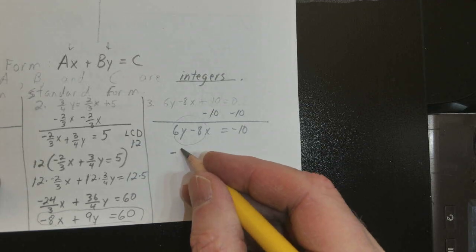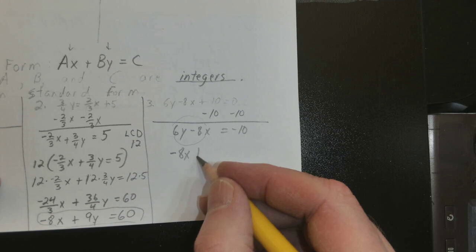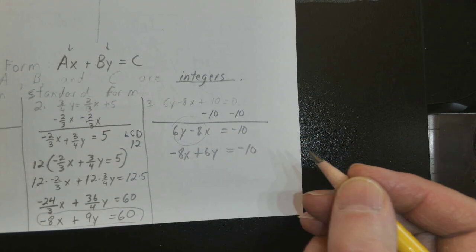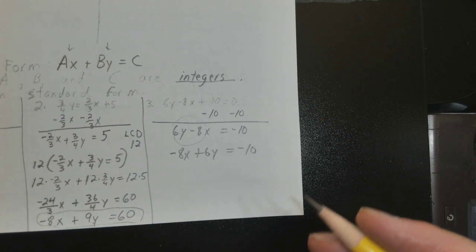All right. Now keep the negative with the 8. So negative 8x, very good. The 6y, that's positive 6y. And negative 10 here. All right, any questions on that?